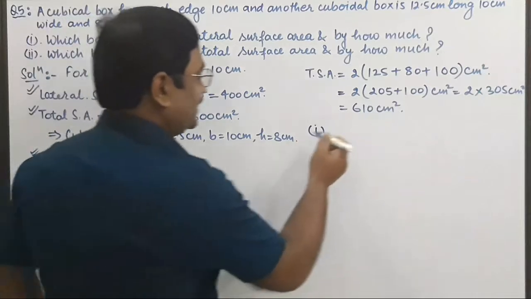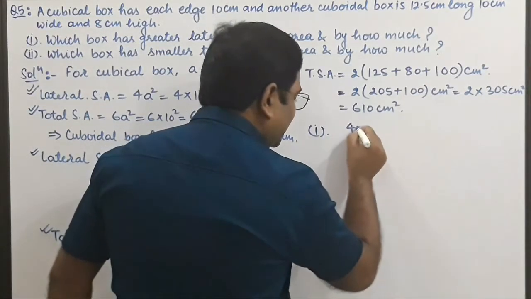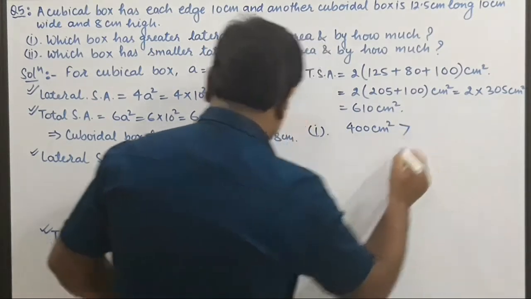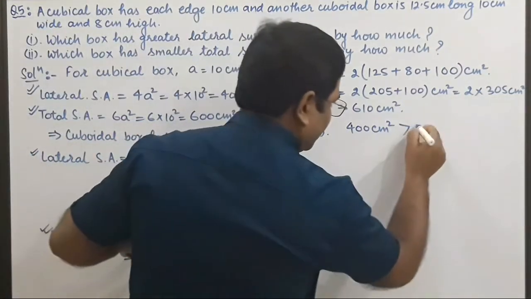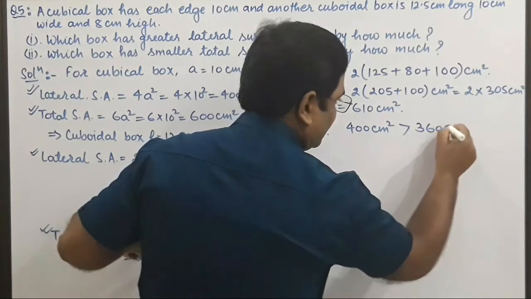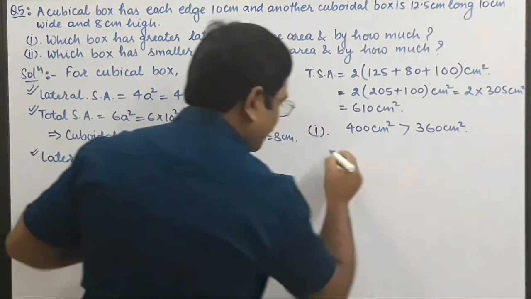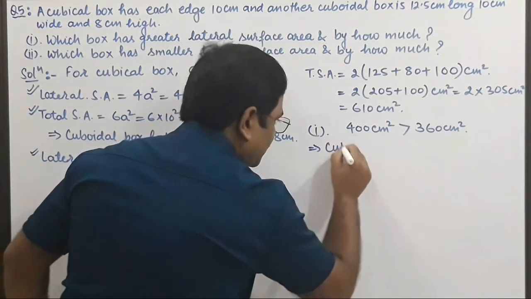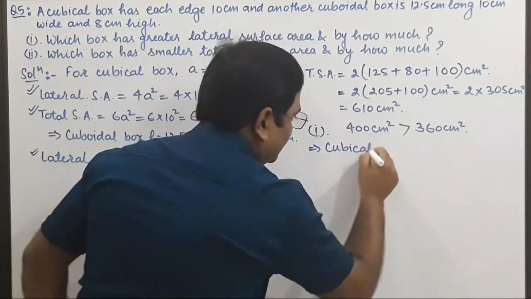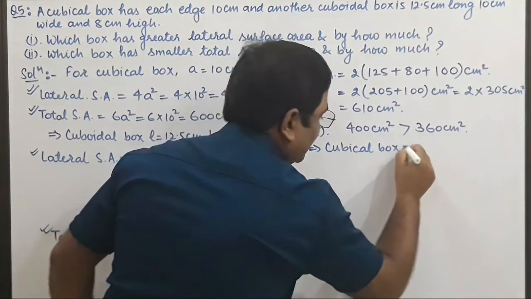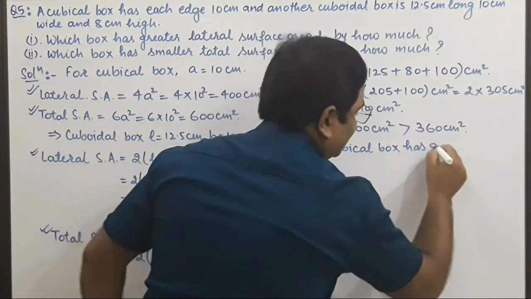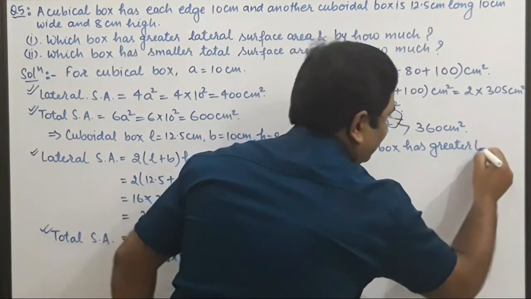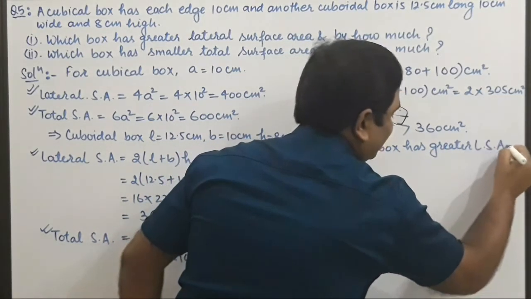So you have to write, since 400 centimeter square is greater than 360 centimeter square, therefore cubical box has greater lateral surface area.